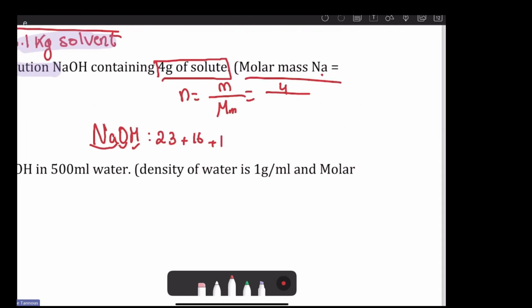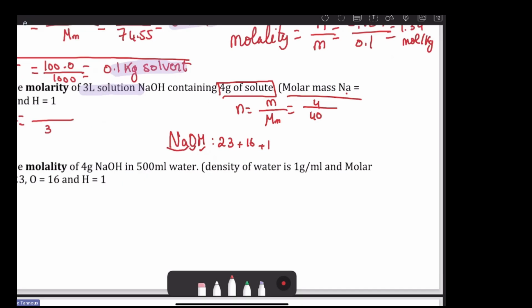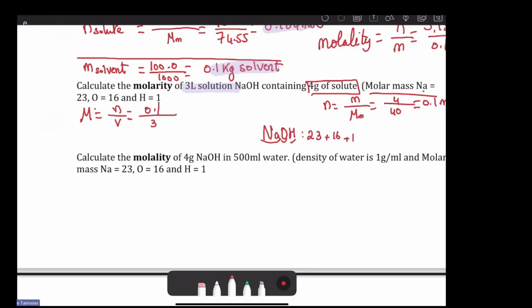Okay, so that is 23 plus 16 plus 1, that's 40 gram per mole. So 4 over 40, that's 0.1 mole solute. And therefore 0.1 over the volume, that's 0.033 mole per liter.